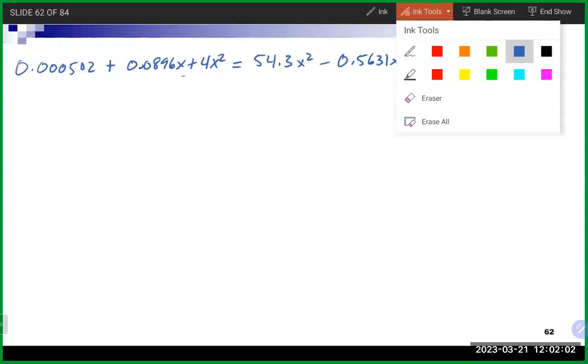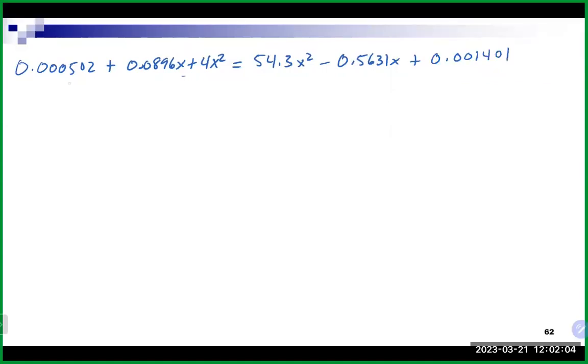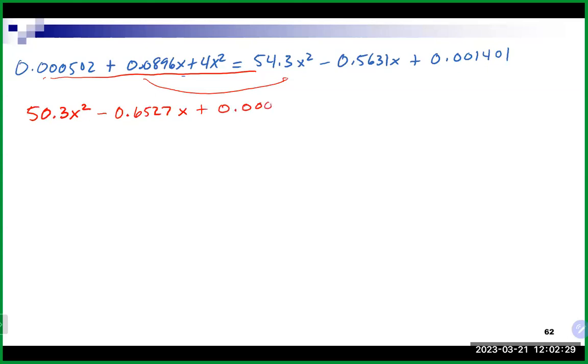That way my x squared is positive. It doesn't matter, but I'm just going to do that. So I'm going to bring everybody here and either subtract or add it to the other side. When I do that, that finally gives me something to work with, which is 50.3x squared minus 0.6527x plus 0.000899 equals 0.